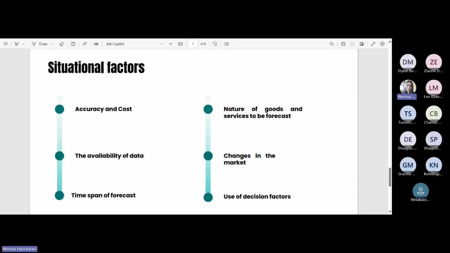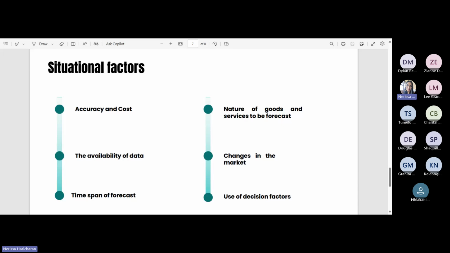You have different characteristics, different strengths, different weaknesses, and different forecasting methods that you need to use for different scenarios. So you may have one forecast that works for your entire business, or you may have multiple forecasts that work for various departments within your business. So basically, we're going to look at the different types, and I'll go over them.